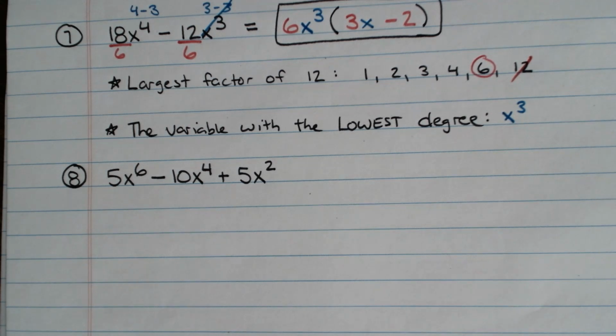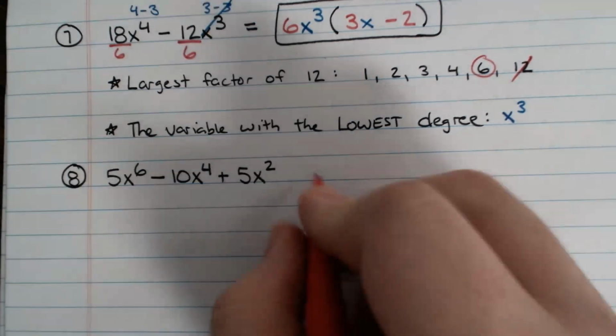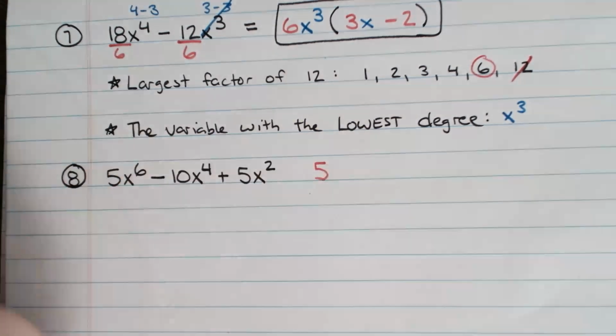Looking at just the coefficients, 5, negative 10, and 5. The smallest coefficient is 5. That's a prime number. Does 5 evenly divide 5, negative 10, and 5? Yeah. So 5 is the GCF of the coefficients.